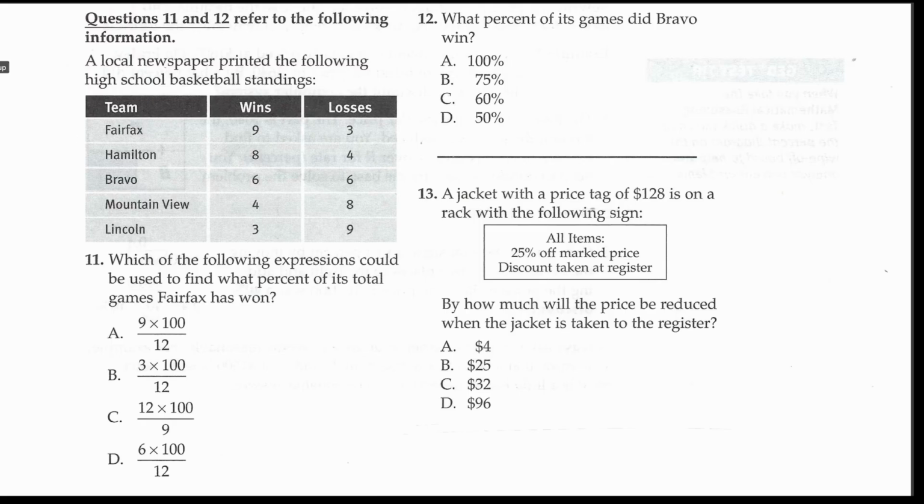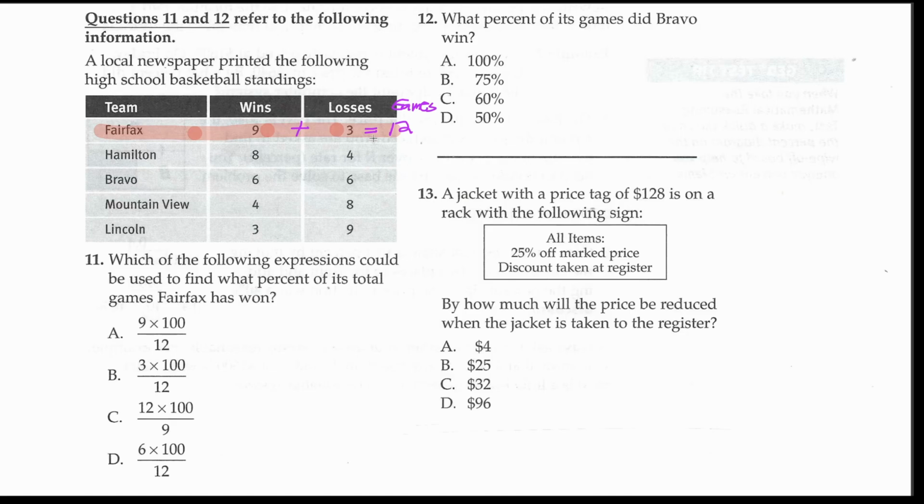Let's look at Fairfax. This is Fairfax. They win 9 and they lose 3. So how many games do they actually play if they win 9 and lose 3? So we know that 9 plus 3 is going to give you 12 games played.